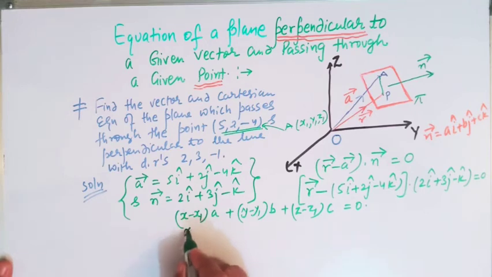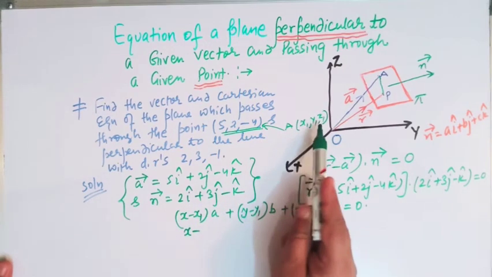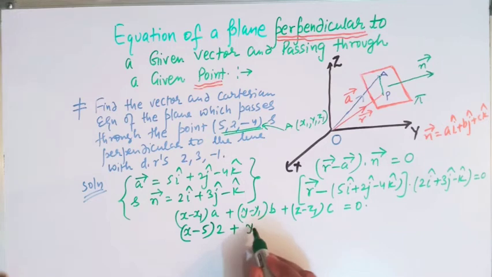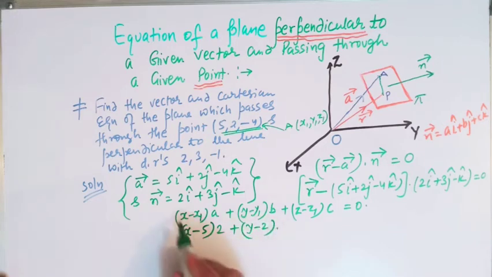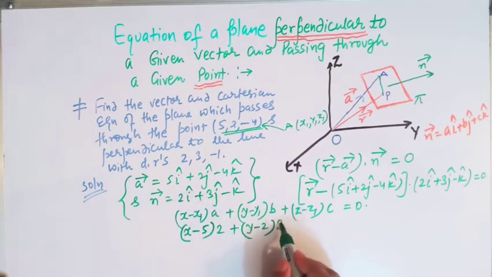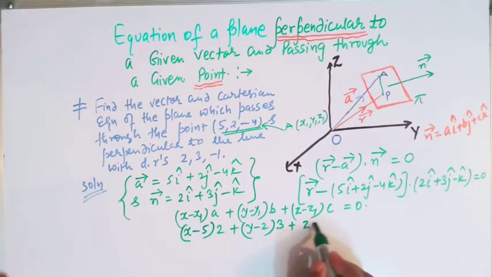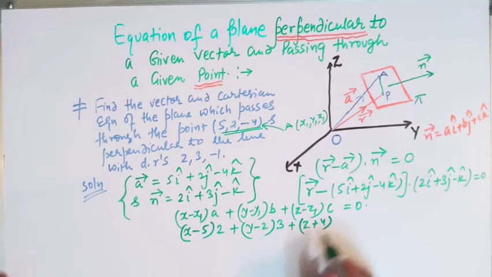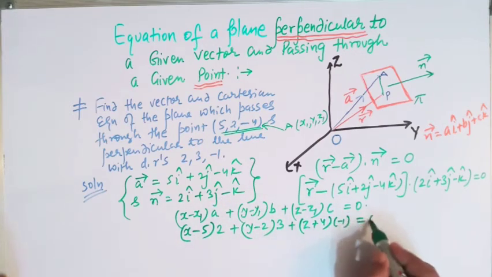So here we have x1, y1, z1 as 5, 2 and minus 4, so we have (x minus 5), and a is 2, plus (y minus 2), b is 3, and (z minus z1), z1 is minus 4, so here we have (z plus 4), and c is minus 1, equal to 0.